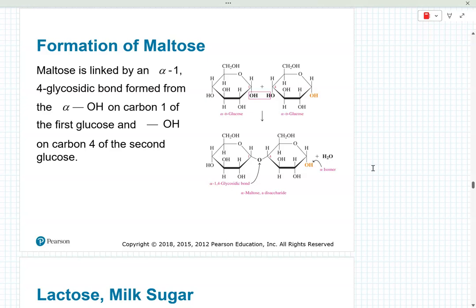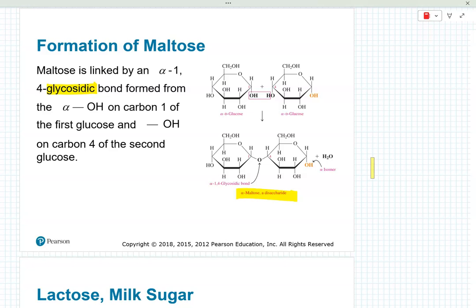So this is why we call it alpha maltose. Let me explain. First of all, the bond between 2 monosaccharides is called glycosidic. Does that make sense? Good?